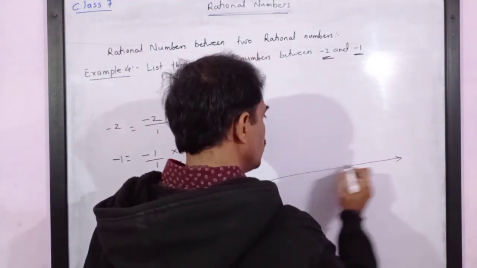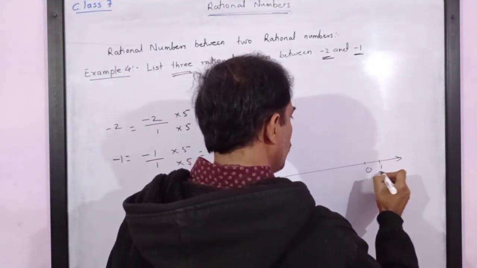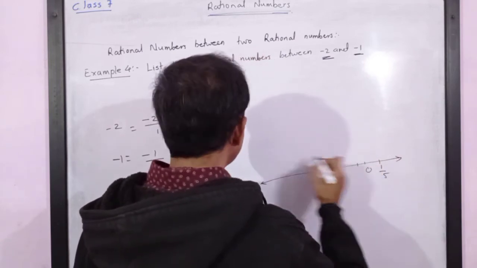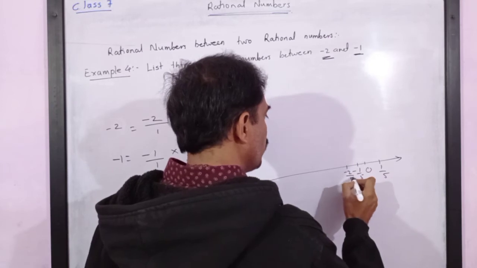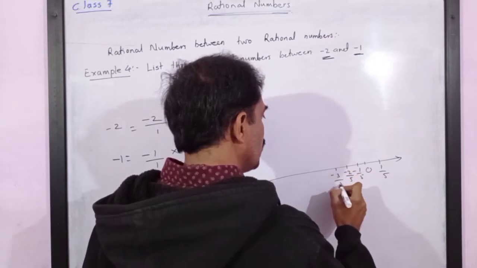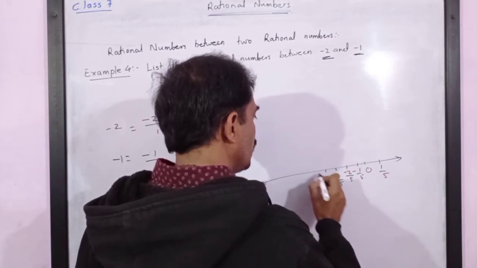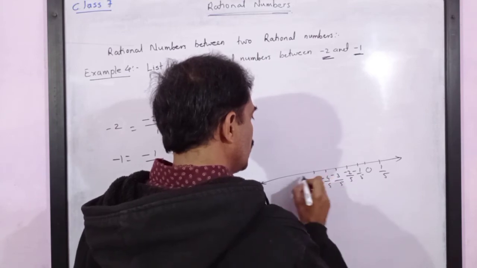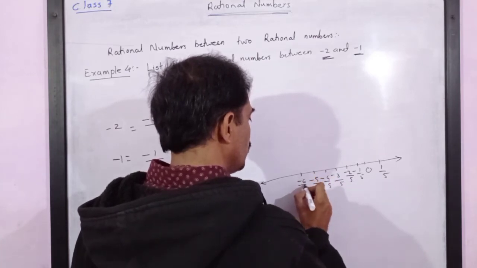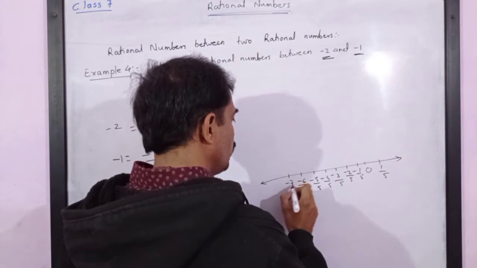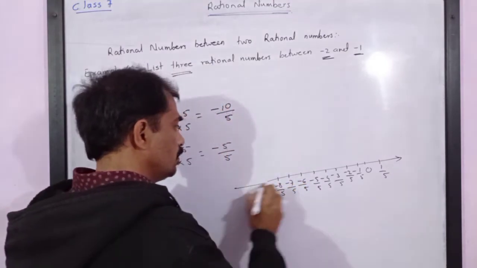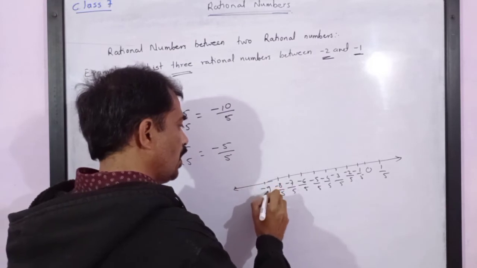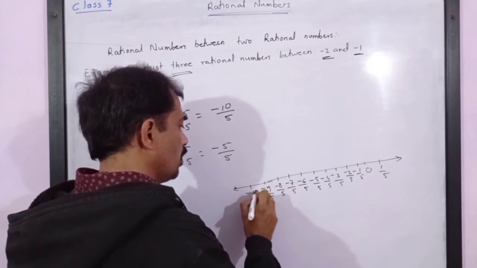then we will get 0, 1 upon 5 to the right hand side. This side we will get -1 upon 5, -2 upon 5, -3 upon 5, -4 upon 5, -5 upon 5, -6 upon 5, -7 upon 5, -8 upon 5, -9 upon 5, and -10 upon 5.